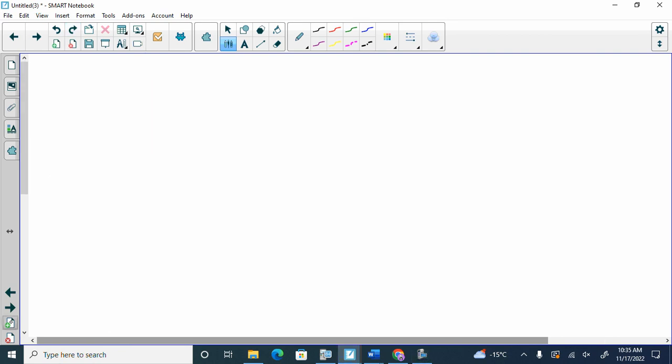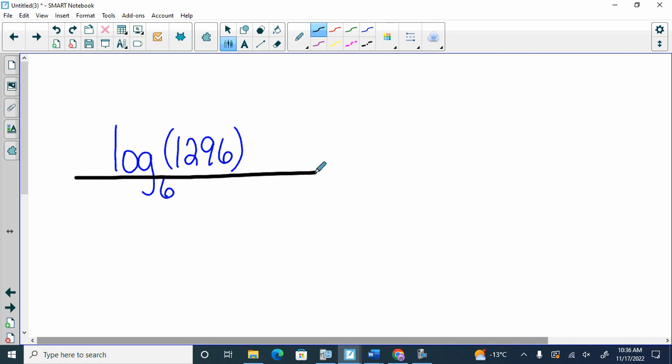Log base 6 of 1296. And you don't have the log base button, you do it this way. You draw a line completely underneath it and split this up and put a log in front of this one.